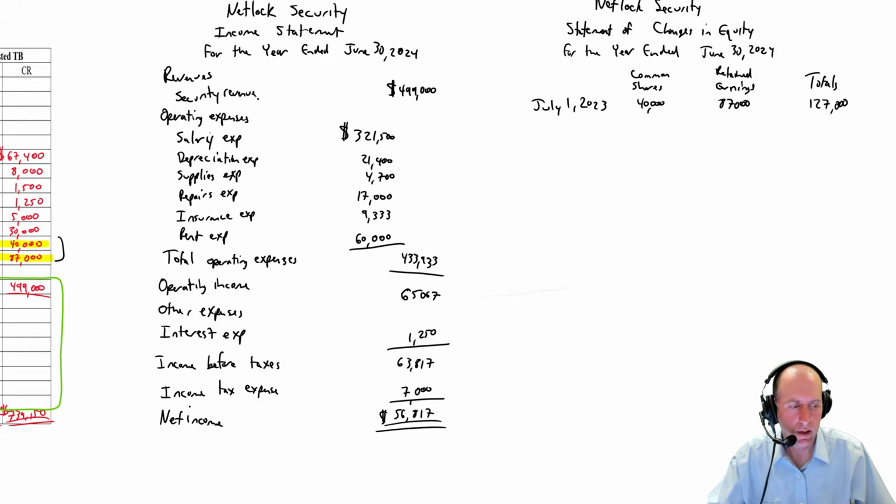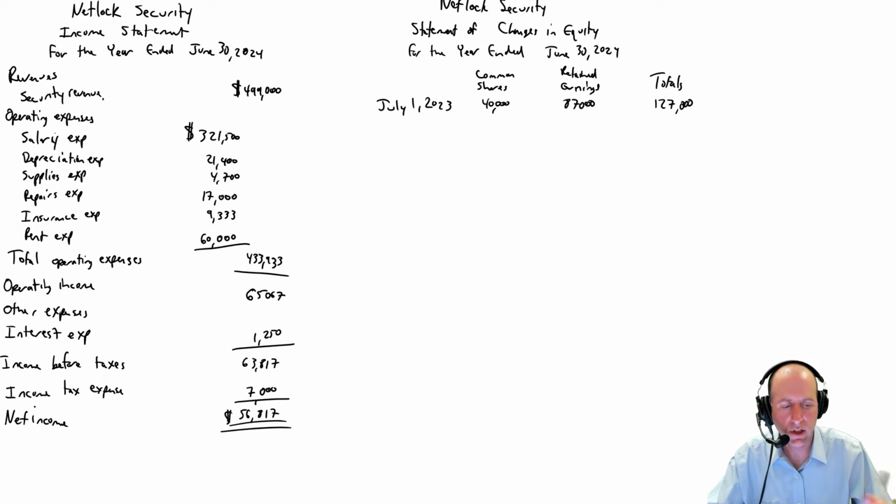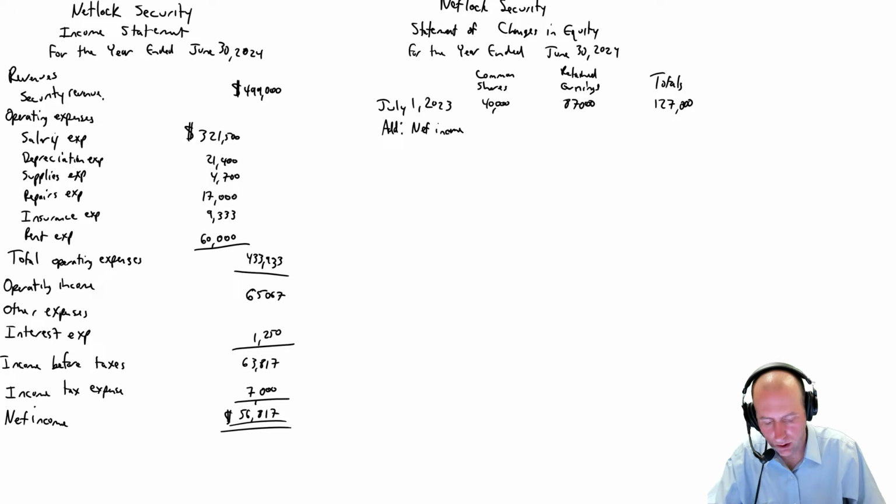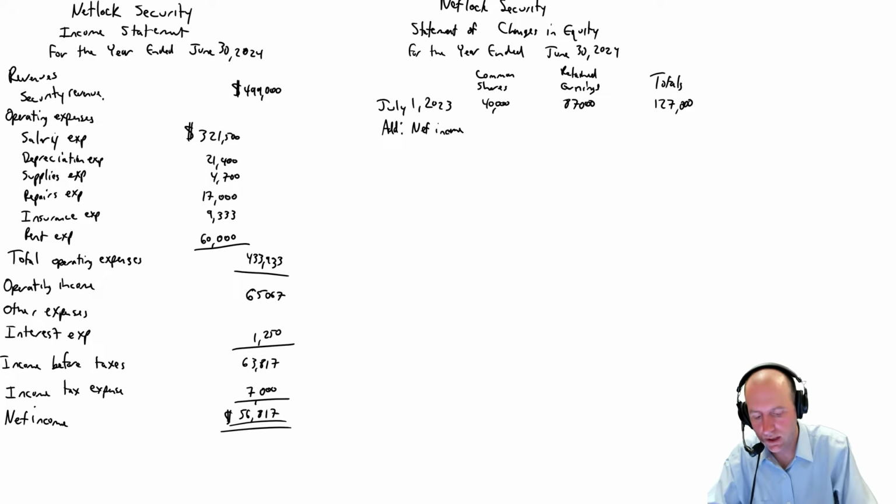Okay, so common shares didn't change. Retained earnings goes up by the amount of the net income. Our net income comes from our income statement, $56,817. That just goes up there.